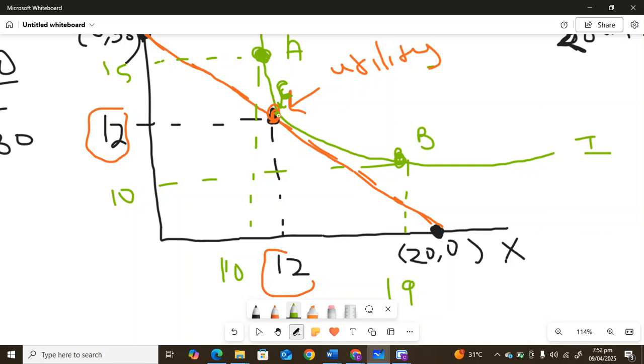You can only afford the bundle C here. But if you could afford A, C, and B, you would pick any of them. Yes, any questions?